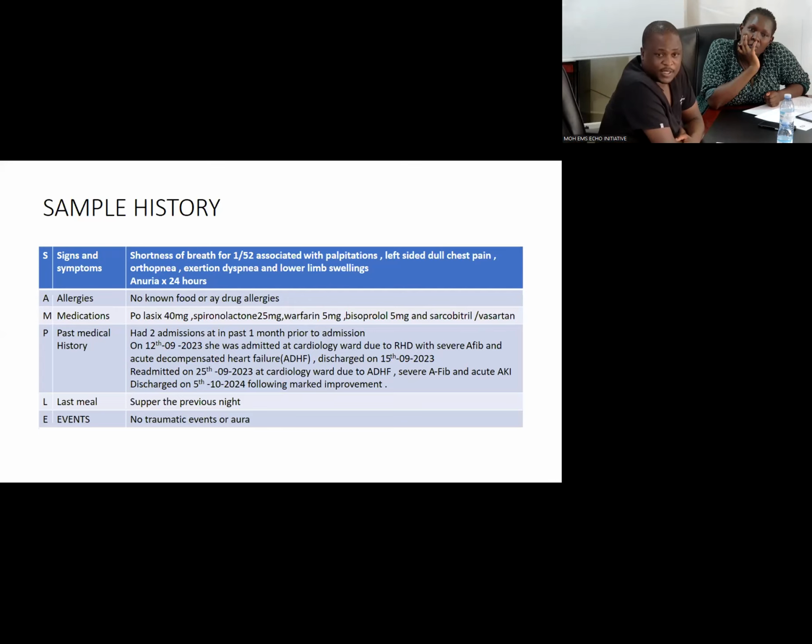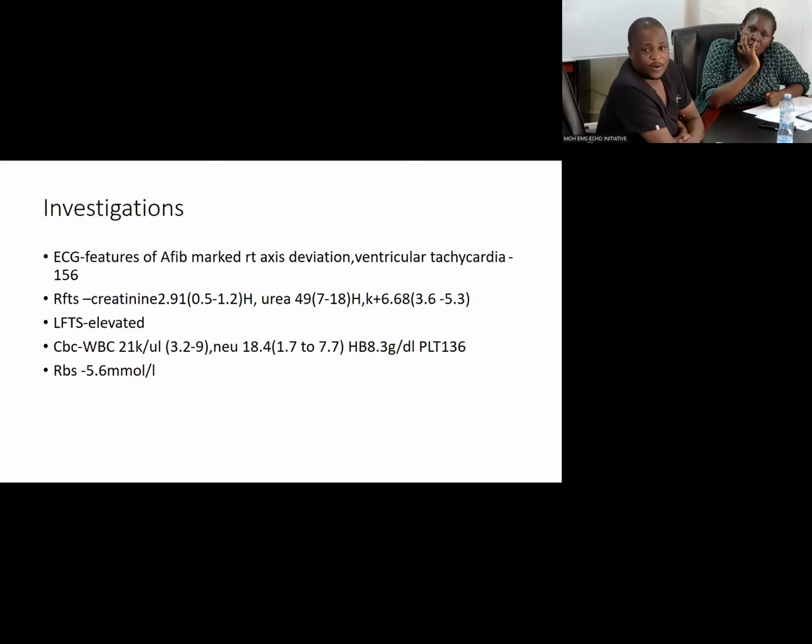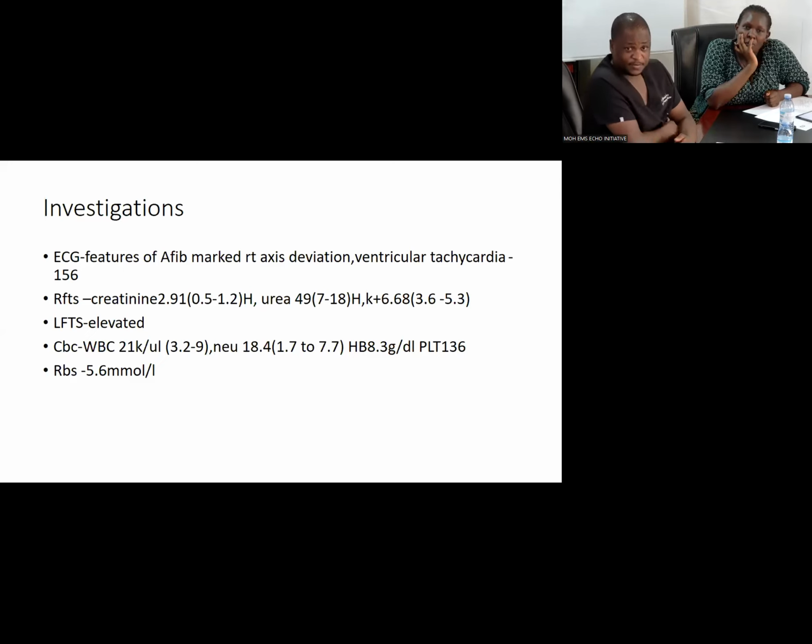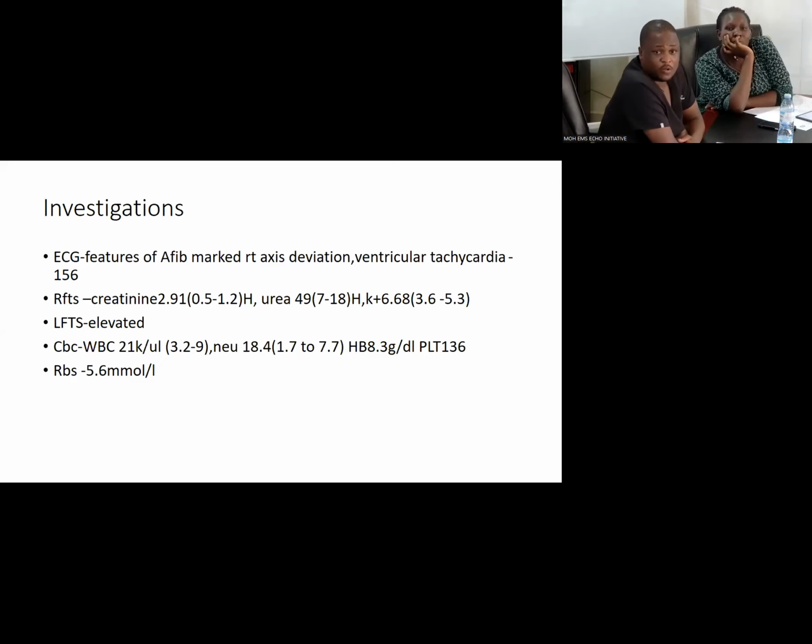Our investigations, we did an ECG on admission, which suggested features of atrial fibrillation with marked right axis deviation, with ventricular tachycardia.